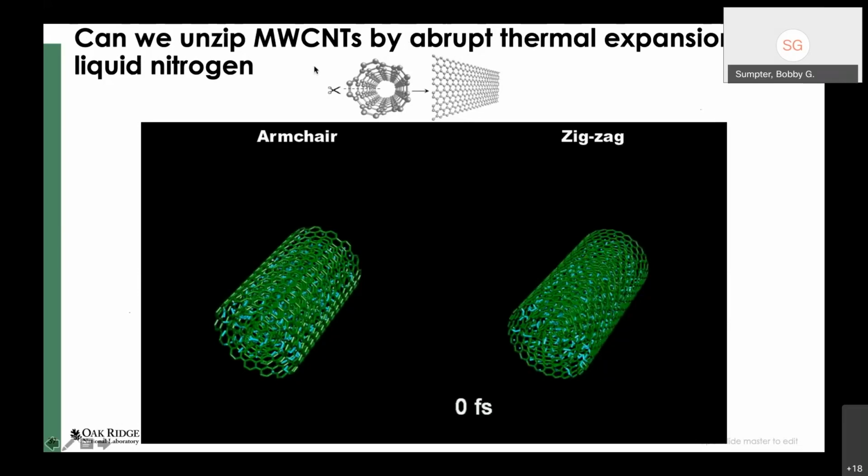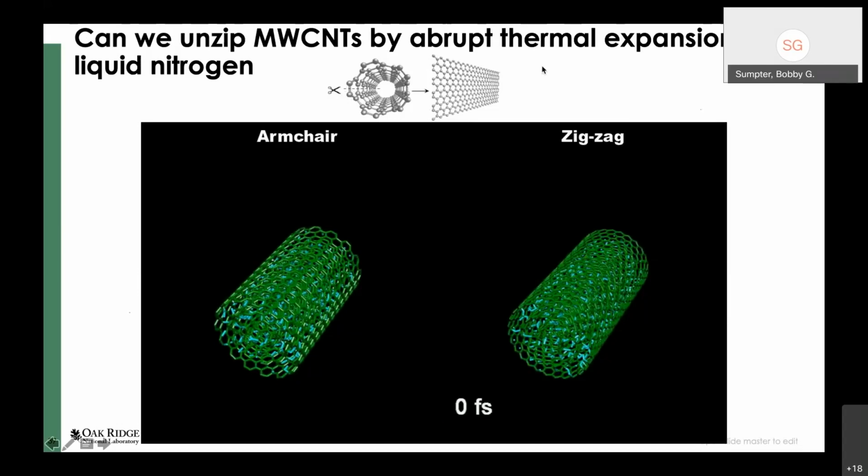So our idea is like, well, if we could just cut a nanotube along its axis, the width would be determined by the circumference exactly, right? So you just unfold that, and the width of that graphene would be exactly the circumference of that nanotube. And we know how to make nanotubes in bulk and nanotubes of different sizes. So we could control the width if we could just unzip the nanotubes.